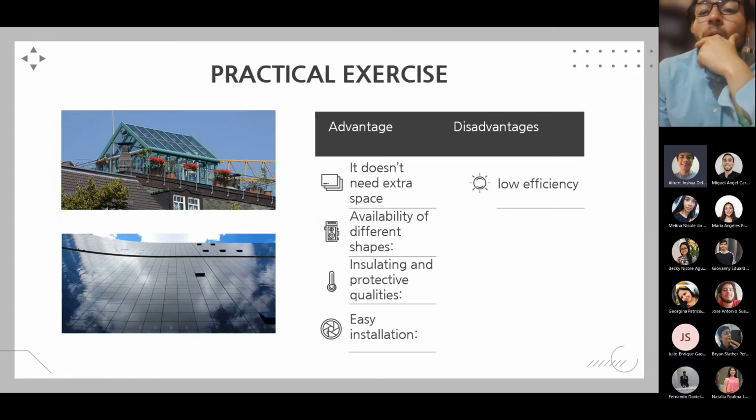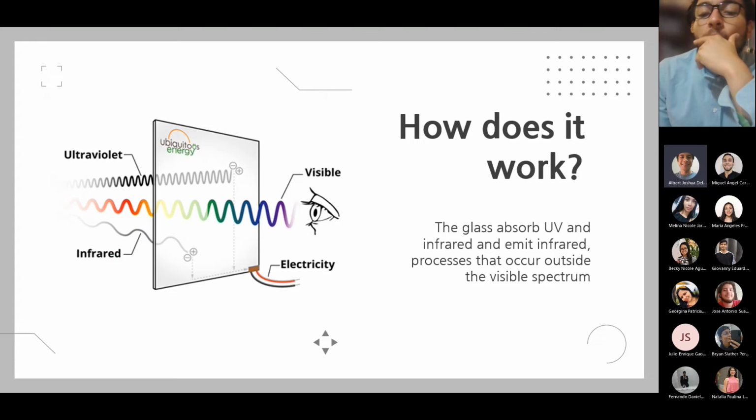This new technology selectively exploits a part of the solar spectrum that is invisible to the naked eye, while allowing normal visible light to pass through, as we can see in the image. It is based on a transparent luminescent solar concentrator, TLSC.